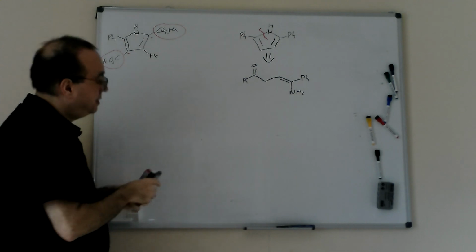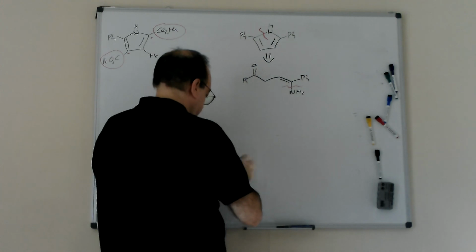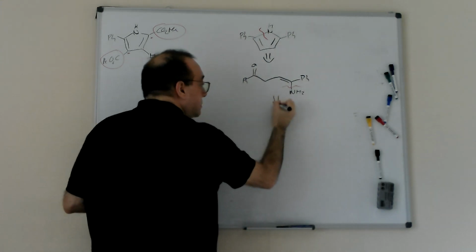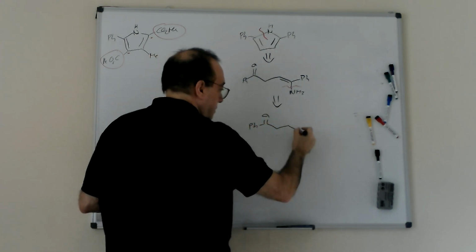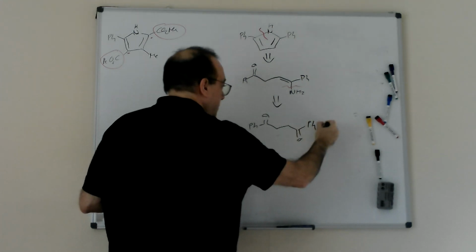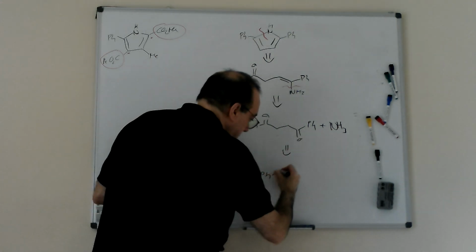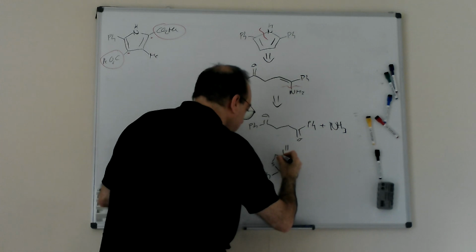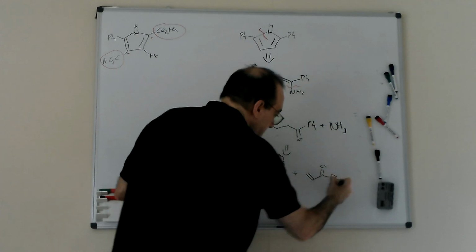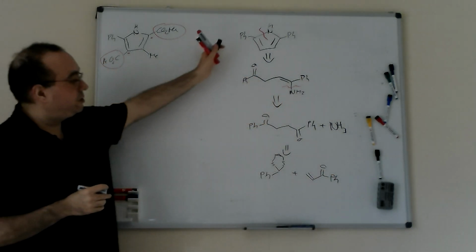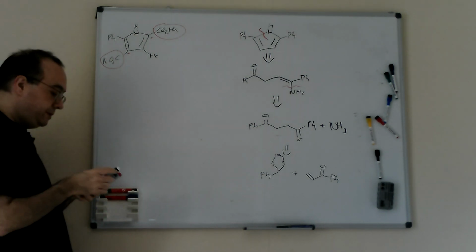We break this heteroatom, then we break this. Yeah, this is the retrosynthesis of this. It's clearly a Paal-Knorr synthesis where we start with a 1,4 dicarbonyl compound.